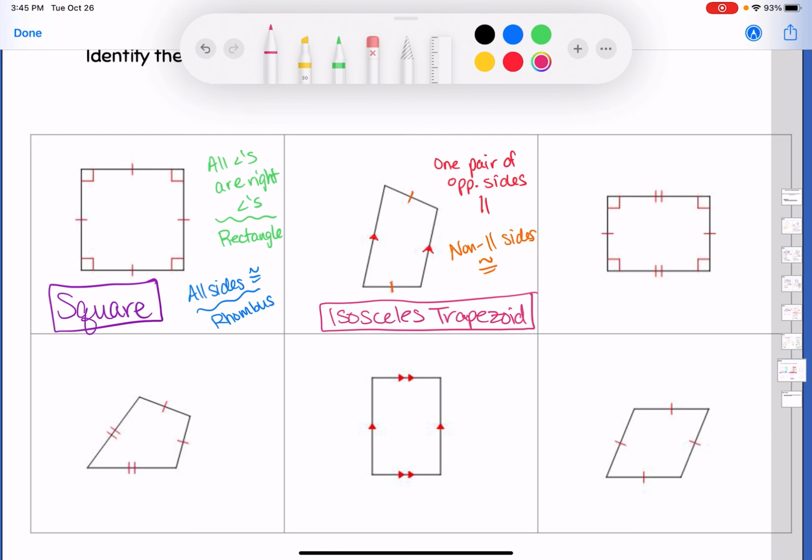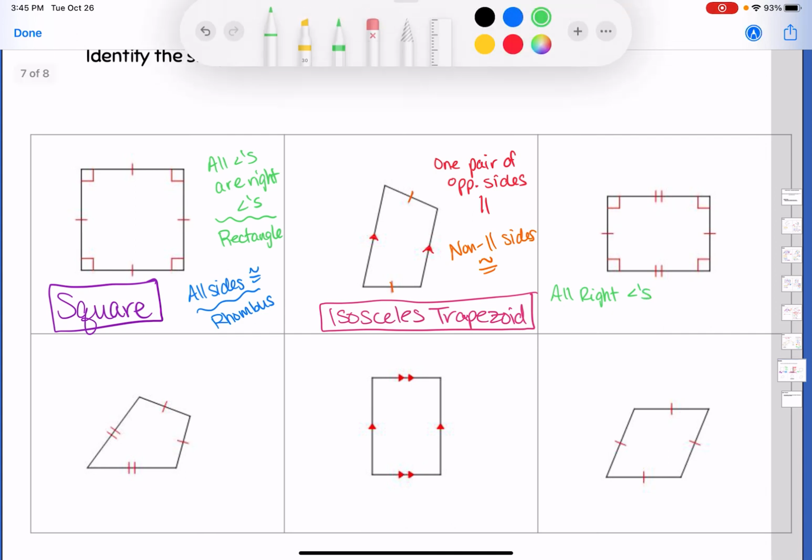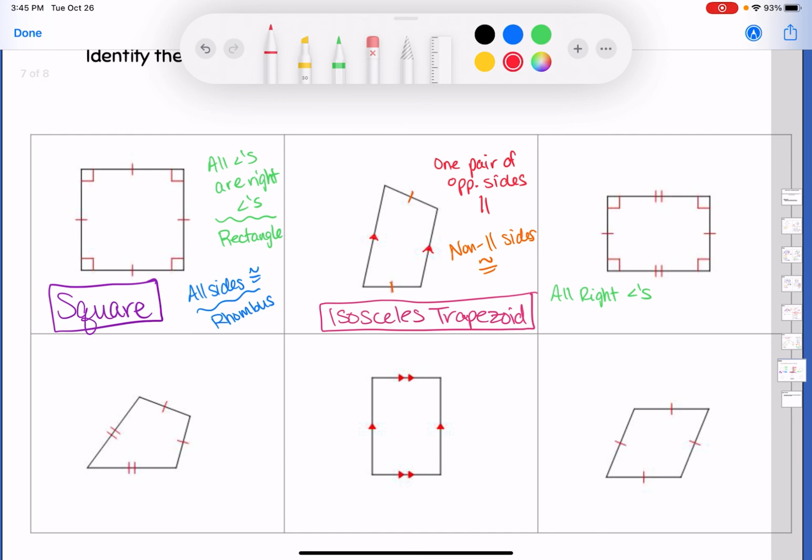All right, so what I'm seeing here, let's see, on the next one in the far right, top right, I have all right angles. Right? I also see that I have both pairs of opposite sides congruent, right?